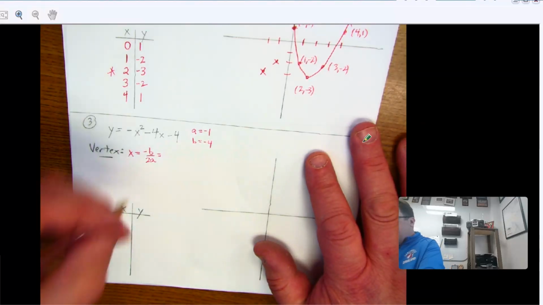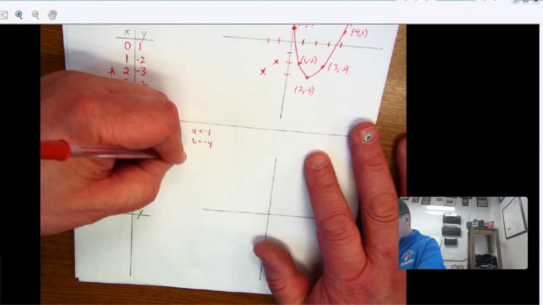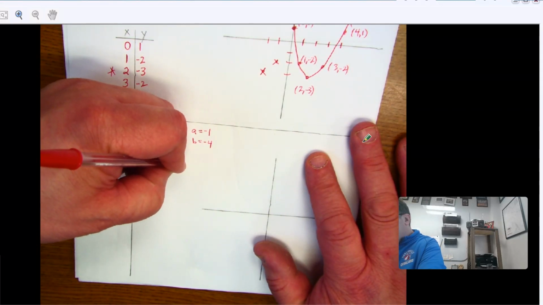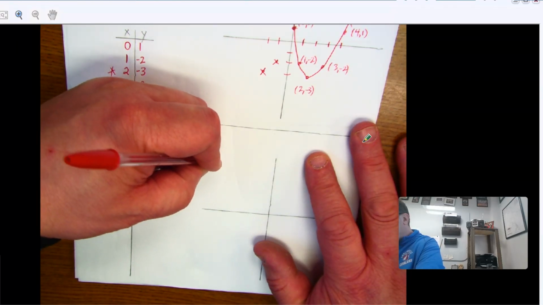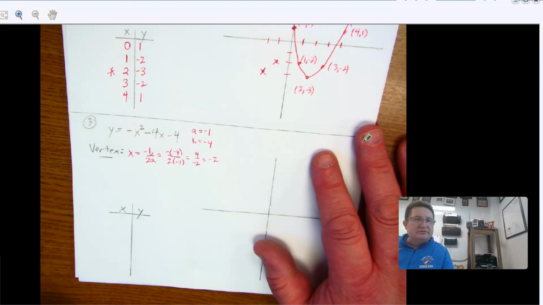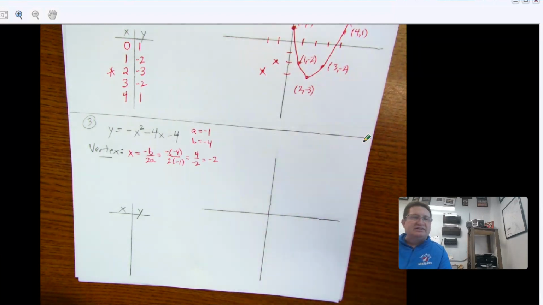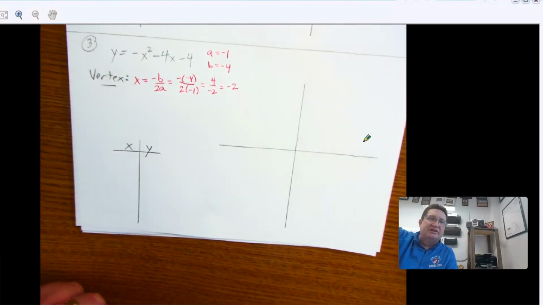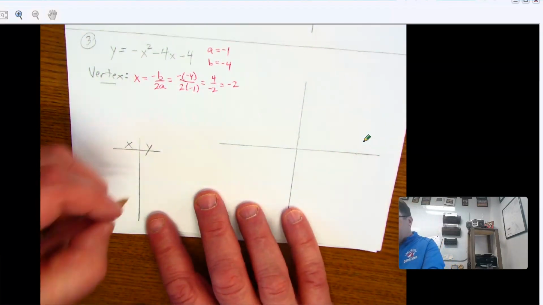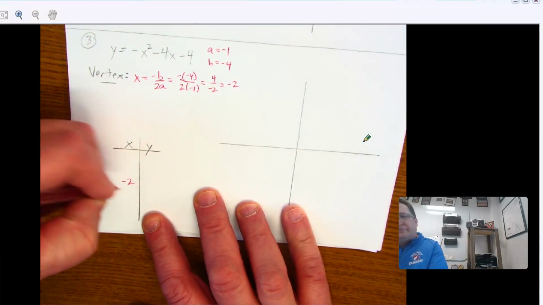The opposite of b would be the opposite of -4. And 2 times a is 2 times -1. So this is 4 divided by -2. So this is -2. Just like on the last one, let's cleverly make our XY chart. Let's put -2 kind of in the middle here.